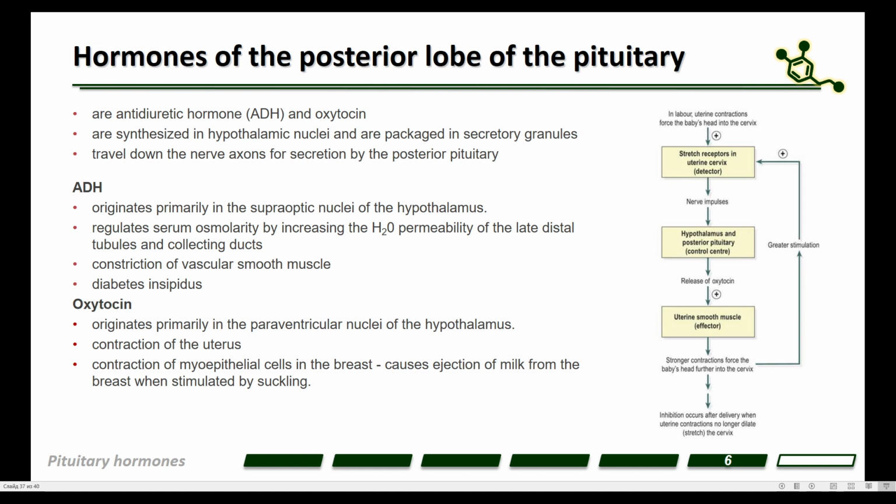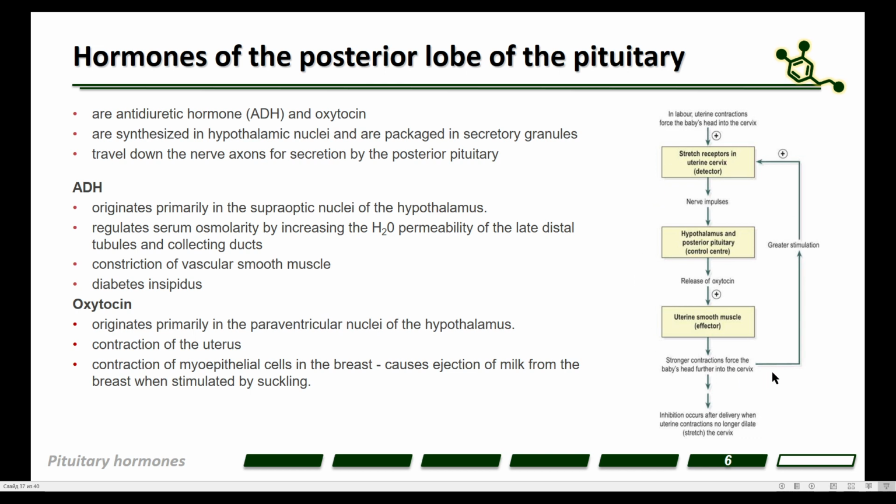That's the control center, which will release the oxytocin, which will act on uterine smooth muscles to produce stronger contraction force on the baby's head and entire body to push it further into the cervix, which will in turn, as you can see through the feedback mechanism, further increase the production of oxytocin, and contractions will become even stronger.